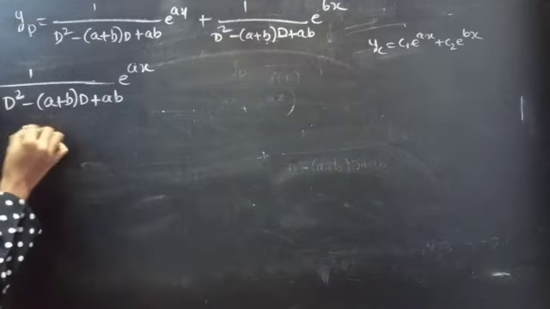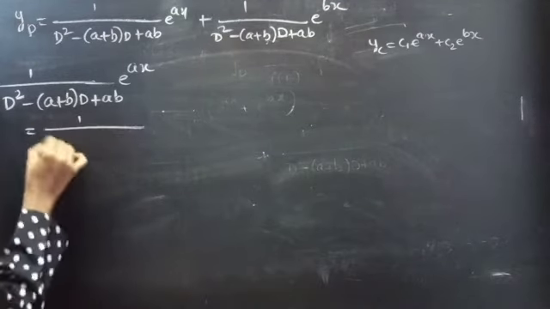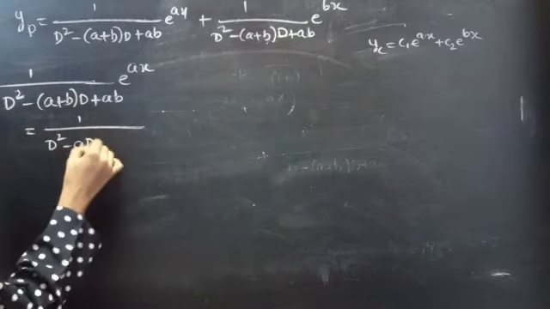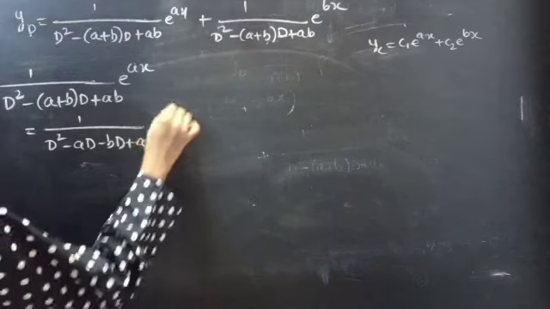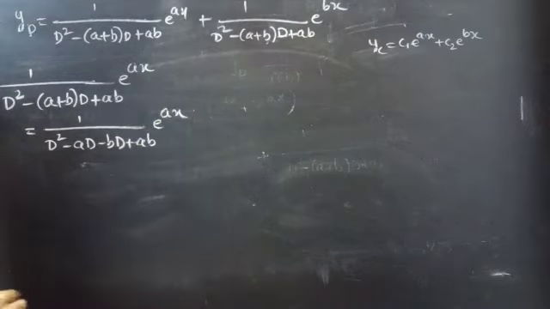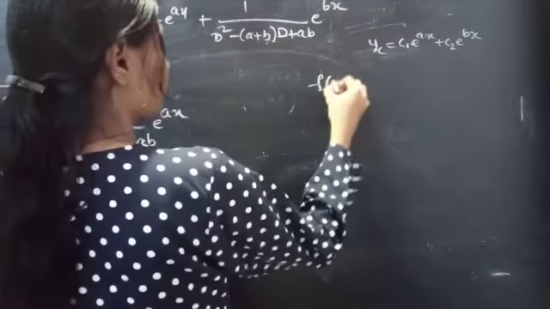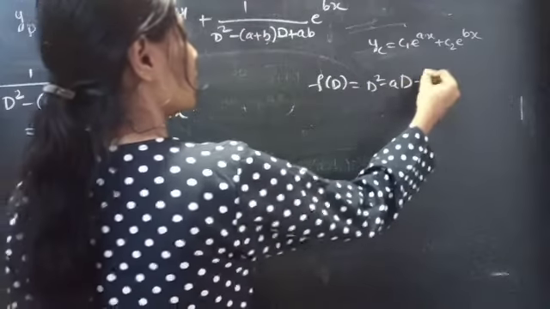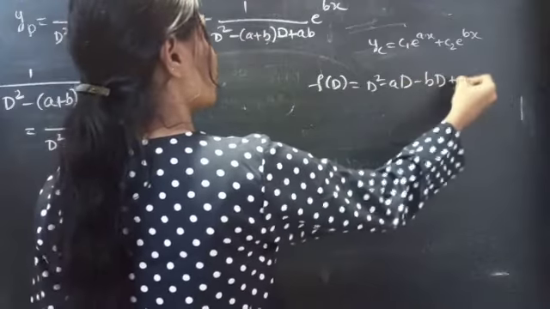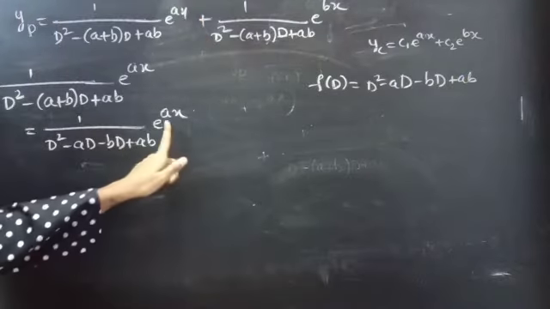You can just write this as 1 by D square minus aD minus bD plus ab into e power ax for our convenience. Now we are having f of D equals to D square minus aD minus bD plus ab.